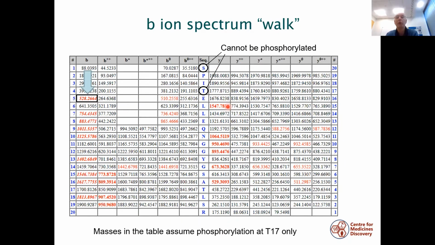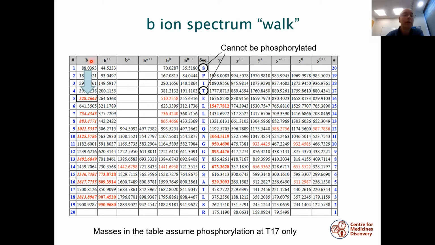So I'll just explain what I mean here by a spectrum walk. This is the ion table from Mascot, and these masses assume that phosphorylation has occurred here at threonine 17. So all these masses in the table are correct if there is phosphorylation here.